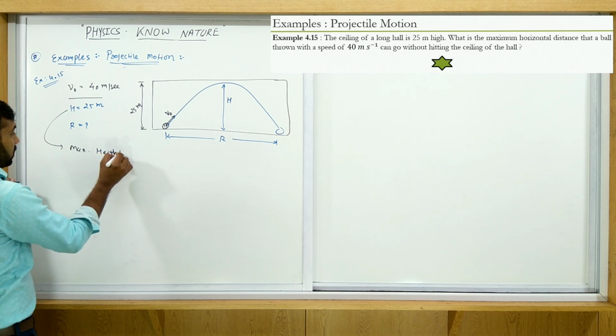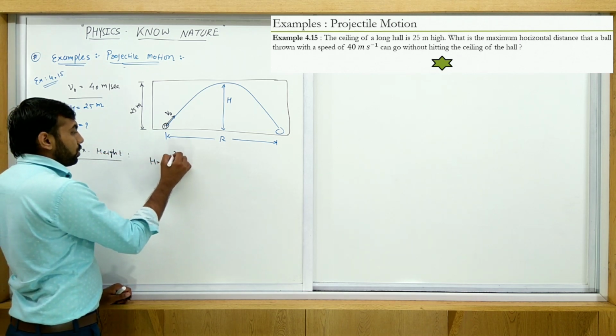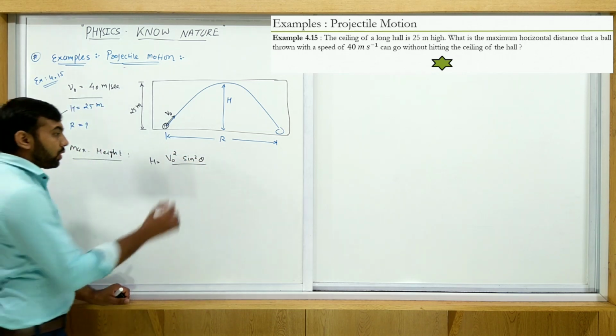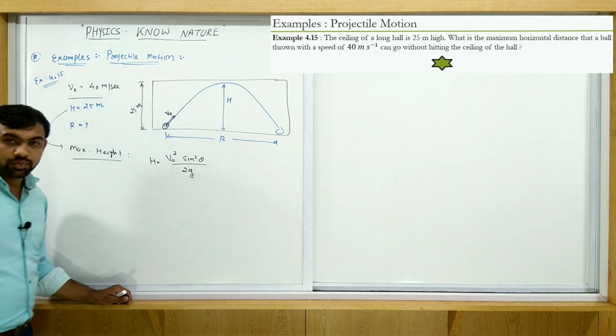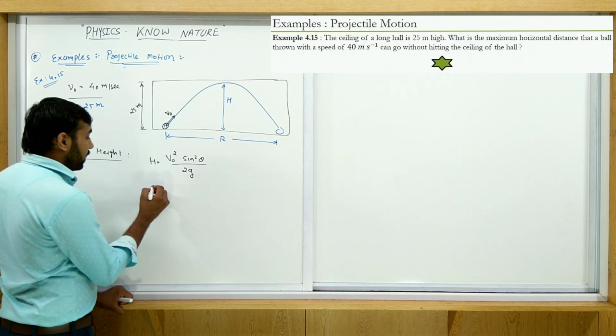Maximum height H is equal to v0 squared sine squared theta upon 2g. Put all the values.